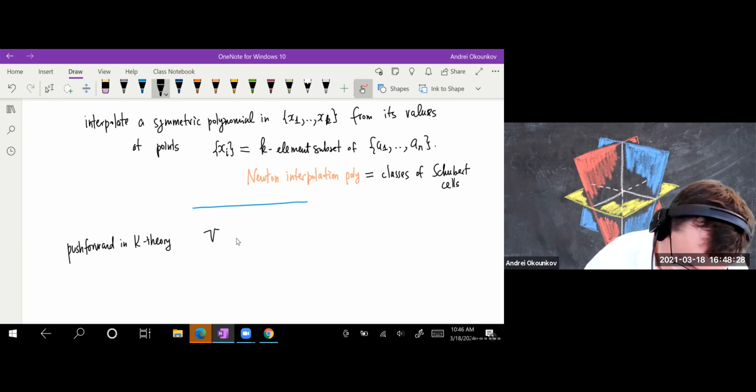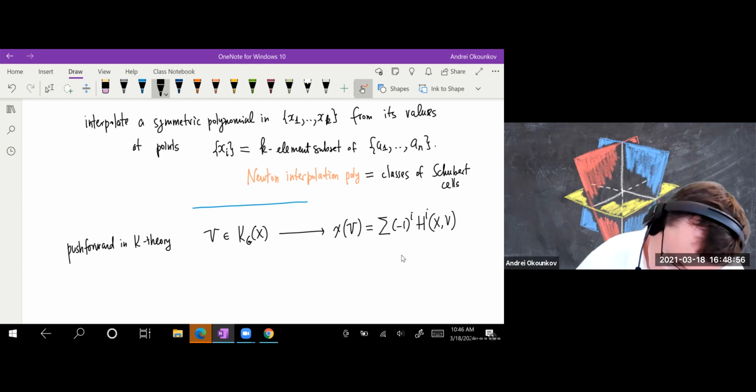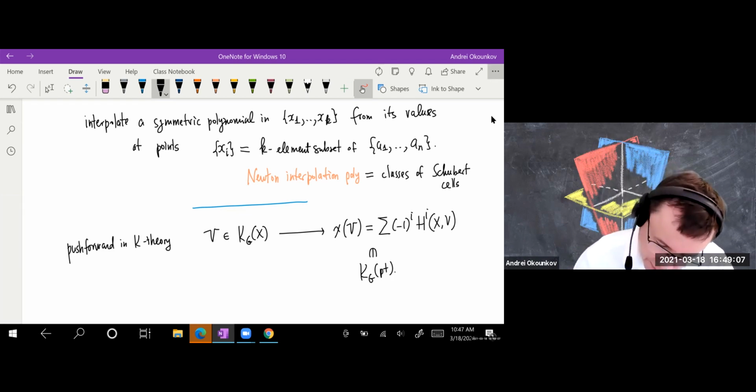So if I have a bundle in K_G of X, this pushes forward to its Euler characteristic, namely the alternating sum of cohomology. And that's an element in K_G of a point. So the group will continue acting on this cohomology space. So that's the push forward.